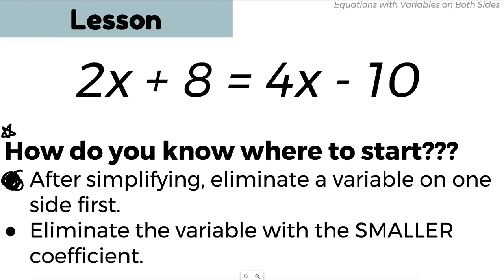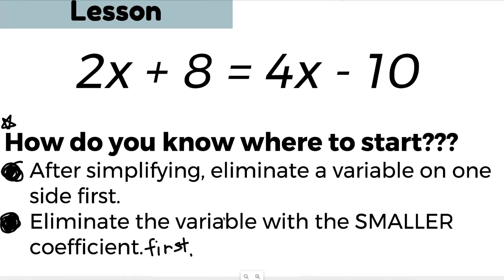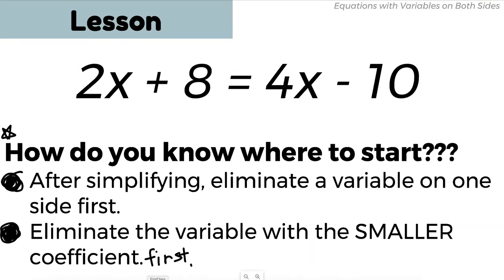But the strategy is to eliminate the variable with the smaller coefficient first. That's the first move, I guess, is a better way to think about that. If we look at our coefficients, this coefficient is a 2, this is a 4. Which one is smaller? The 2 is smaller. So this would be the first piece of the equation to go.